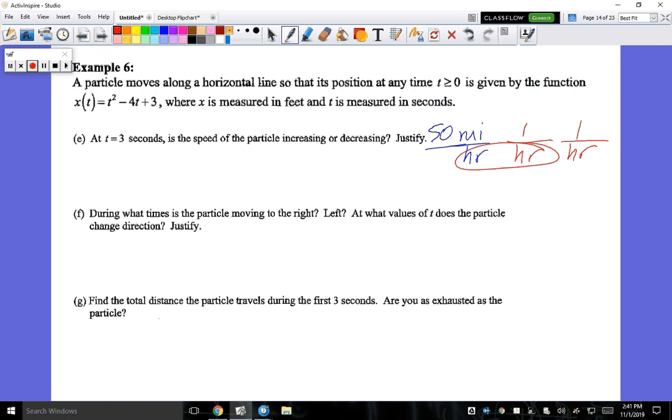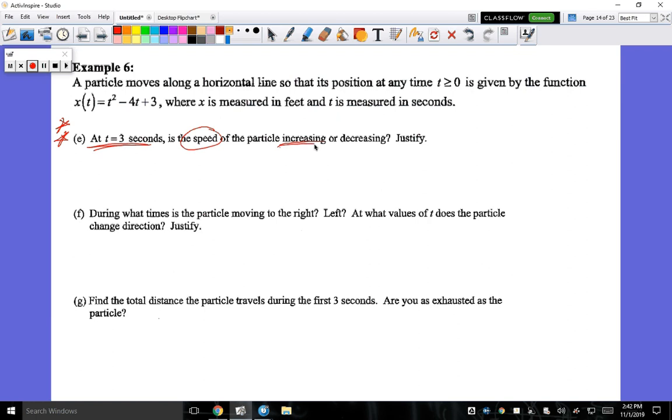But anyway, at t equals 3 seconds, is the speed of the particle, this one's big, put a big asterisk, increasing or decreasing, and then we're going to justify. Yes, Omar. Decreasing? You say decreasing? Oh, wait. Roby, what do you say?